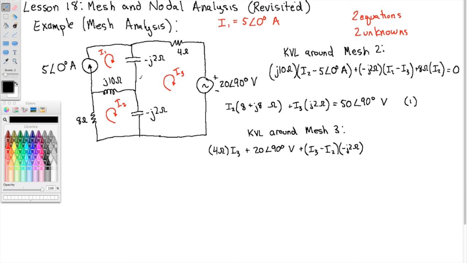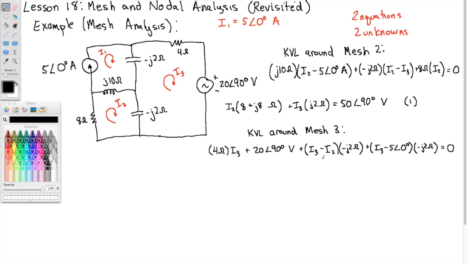That puts us here, and we need to get back to where we started. So again, we're going in the direction of I3. Now I1 opposes us, and I1 is 5 angle 0. So we're going to write minus 5 angle 0 degrees times the impedance minus j2 ohms. And we're back to where we started, and so this is 0.